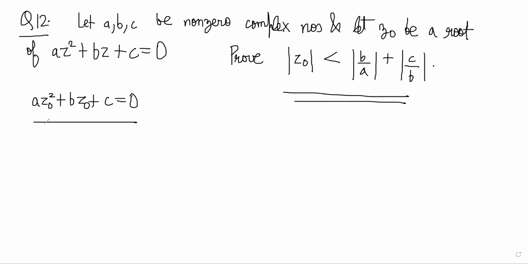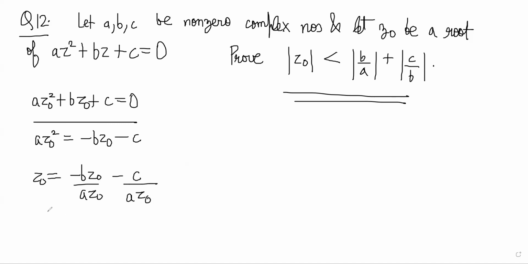If I try to isolate z0 from here, what I can say is a z0 square is minus b z0 minus c. Dividing by a z0, I get z0 is equal to minus b z0 by a z0 minus c by a z0. So you're getting z0 is equal to minus b by a minus c by a z0. You're getting this relation.